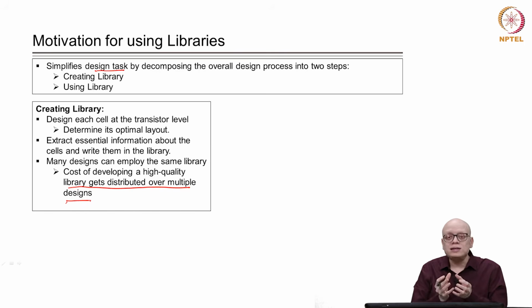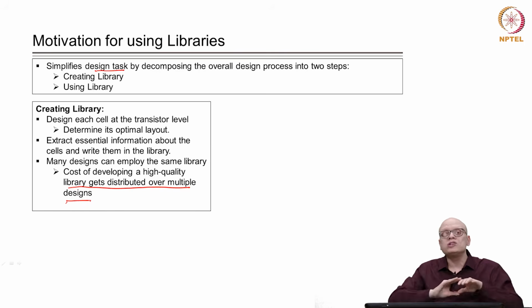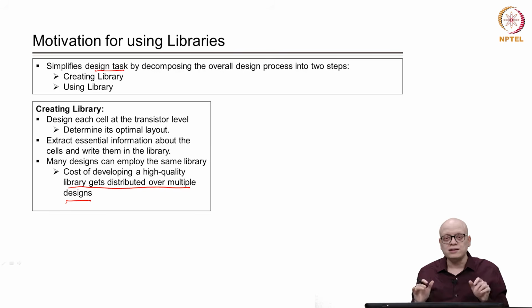Then the cost in developing that library is distributed over all the 100 designs, right. So, the overall cost of developing a high quality library and highly optimized standard cells gets amortized over multiple designs, right. So, that is why it saves cost.